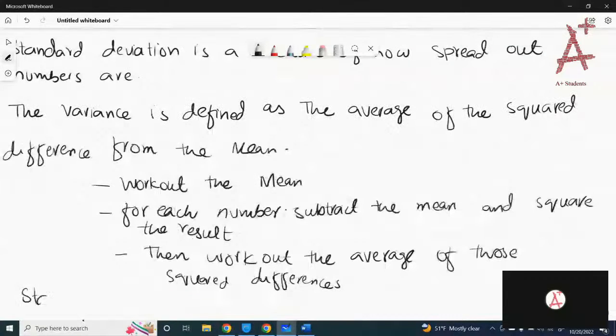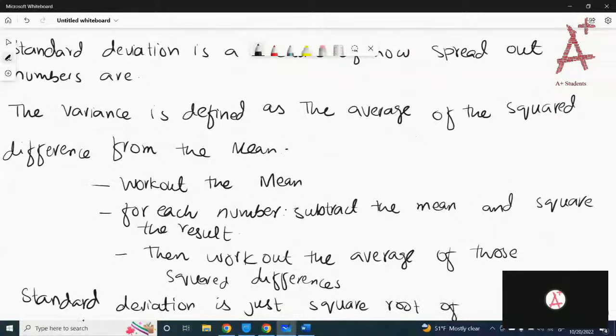This is basically the relation between the standard deviation and the variance. Standard deviation is just the square root of variance. Now you can note down the definition. We'll do an example, then it will be more clear. Please note down the definition. Be quick.